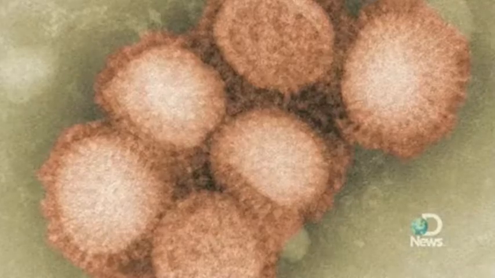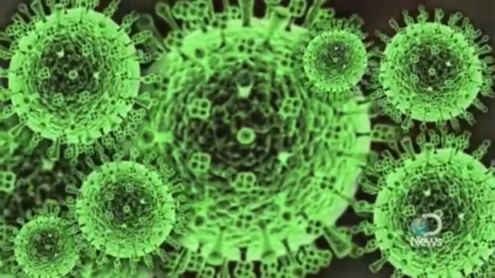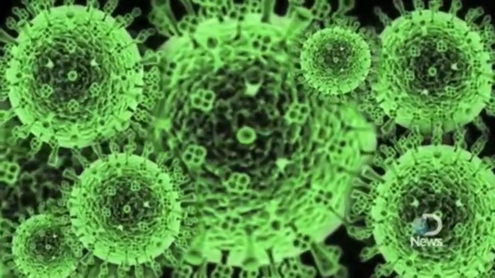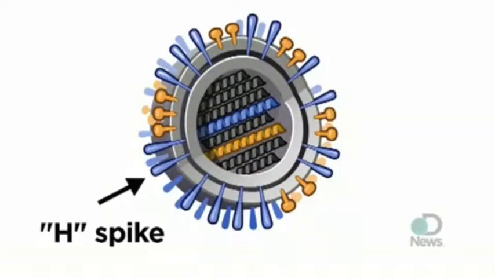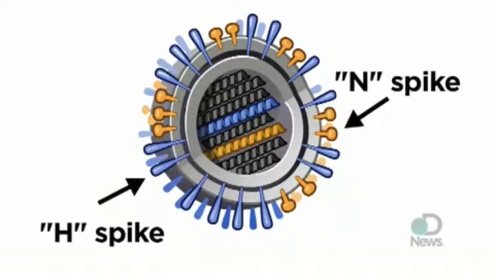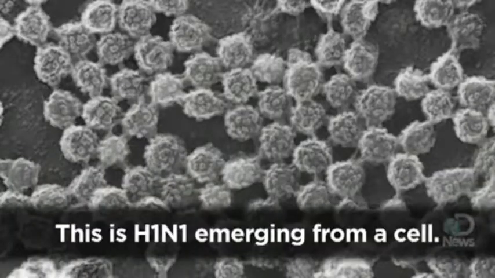An influenza virus particle is roughly round in shape. It has a couple of protrusions coming off of it in two different shapes, one that's more of a spike and one more of a propeller shape. The H spike is used to enter a cell, and the other, the N spike that we always refer to, is used to actually get away from a cell. Anywhere from 9 to 12 hours later, the surface of that cell starts to form little bubbles, and those bubbles are new virus particles coming off.